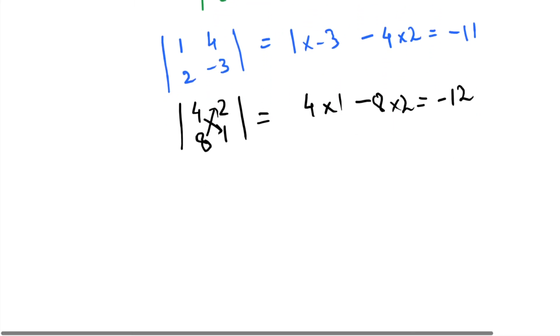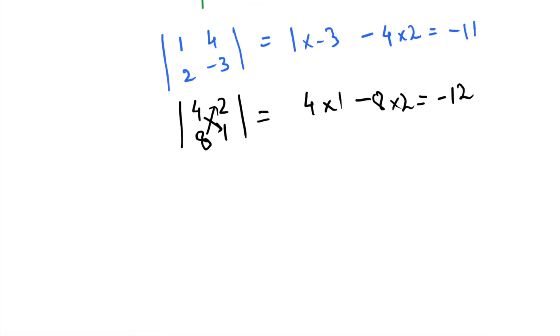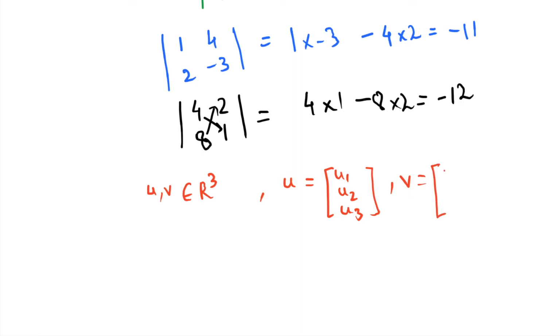Alright, so now we can formally define what a cross product is. Let's say u and v are two vectors that belong to R3, such that u is equal to u1, u2, u3, and v is equal to v1, v2, and v3.